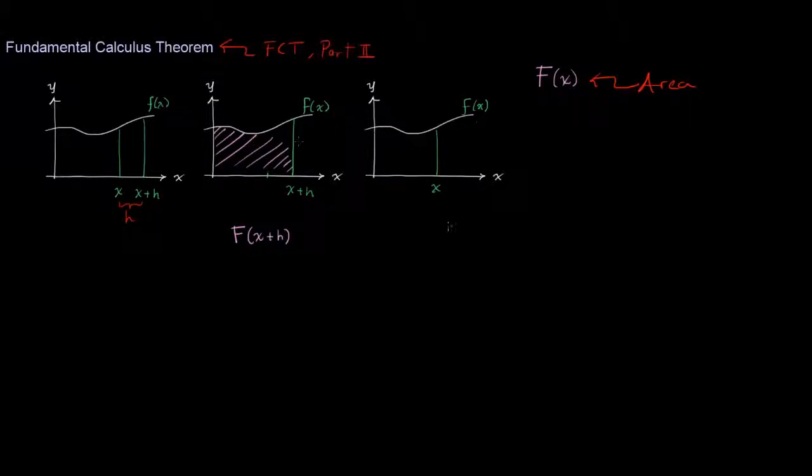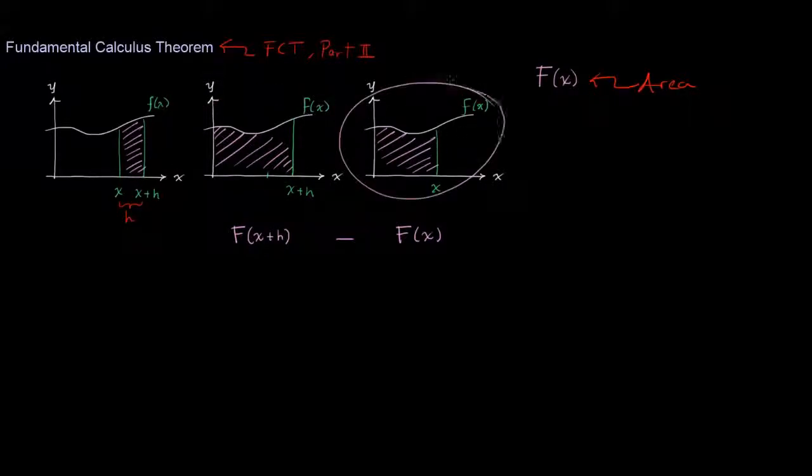If I write now big F of x, I will get in return the area between f of x and the x-axis between x equal to 0 and whatever x is. So we will get this area in return. If I subtract F of x plus h minus F of x, what I would get in return is this area, in other words, I will be subtracting this area minus this area.